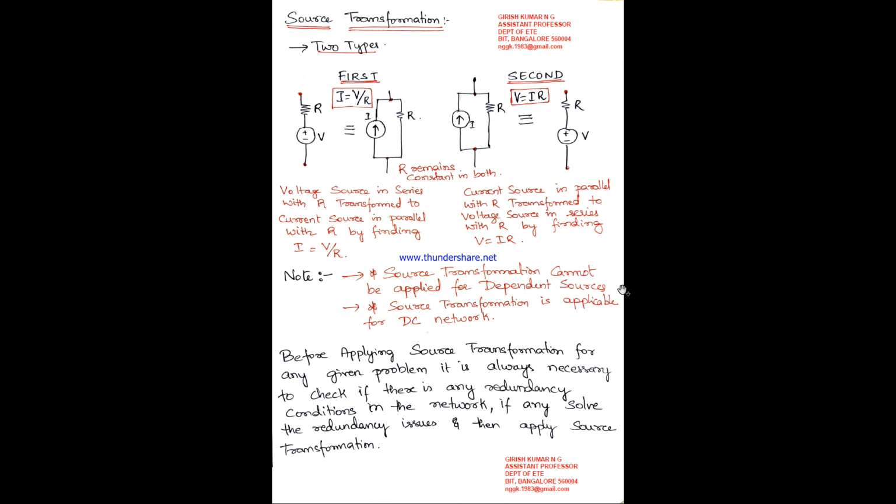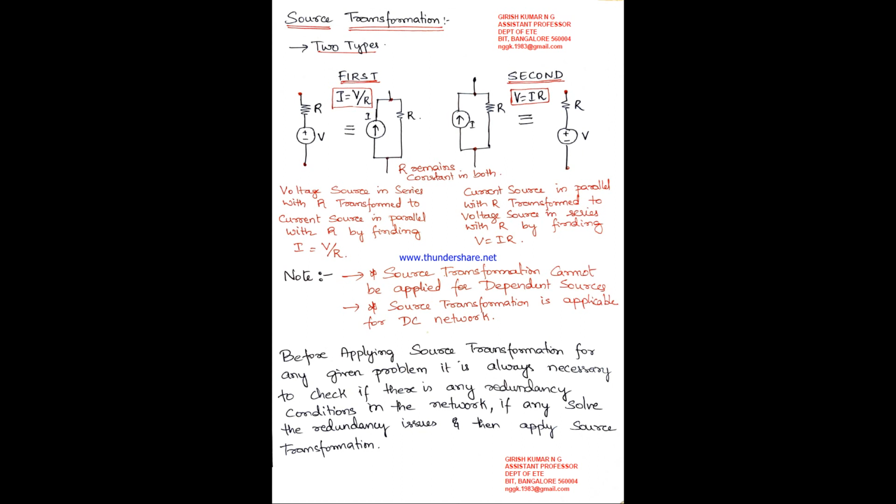Before solving the problem, one more important thing that you should keep in mind is, before applying the source transformation technique, see if there is any redundancy condition in the given network.